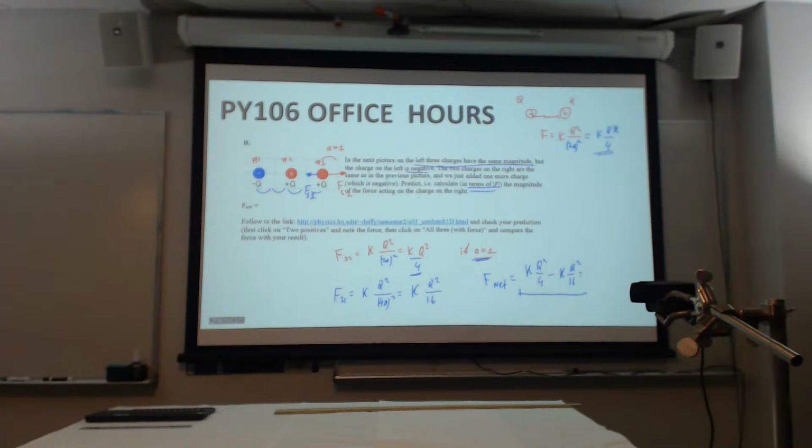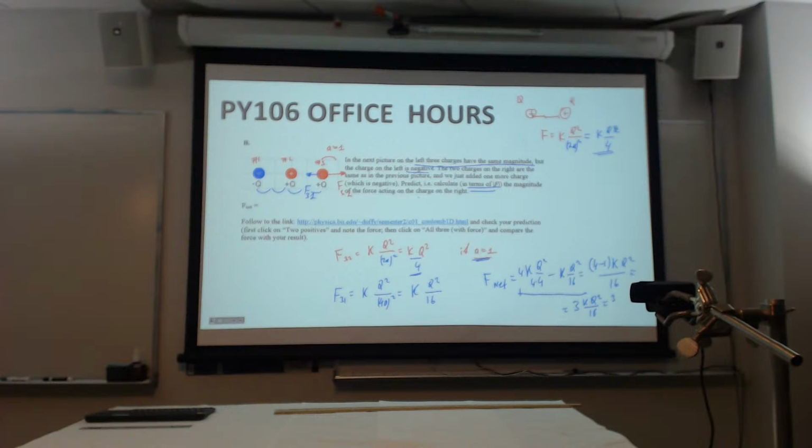So we need to simplify this, and that's going to be for the common factors. So 4 minus 1 kq squared over 16, or 3 kq squared over 16. And this is what?